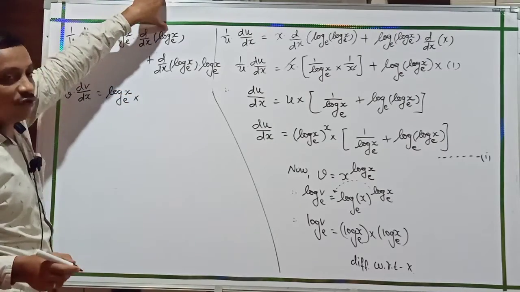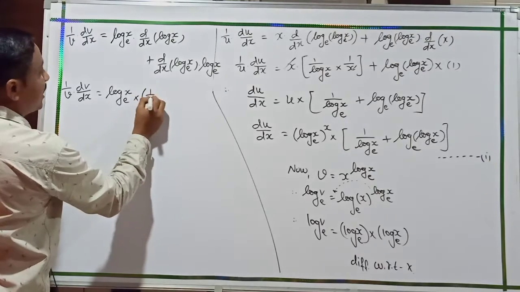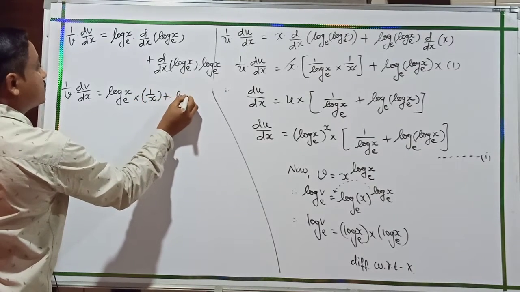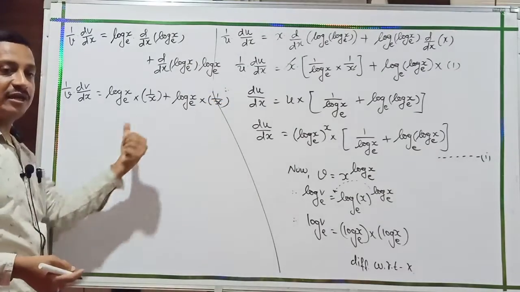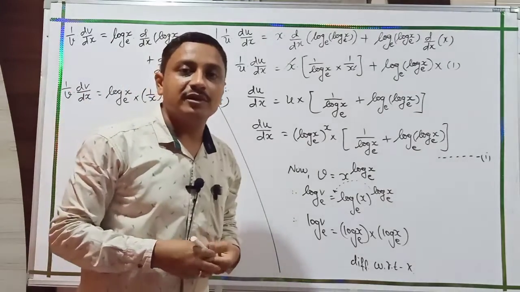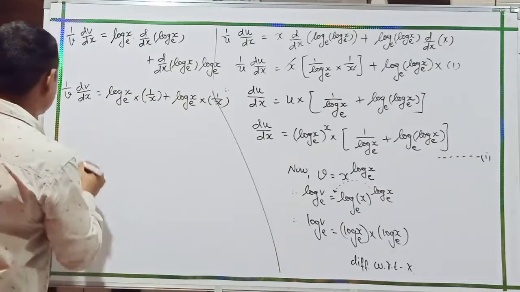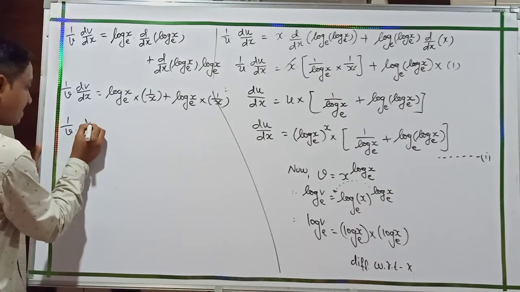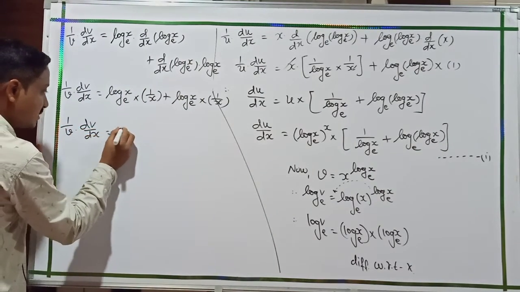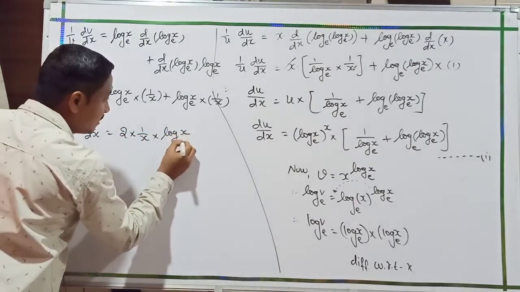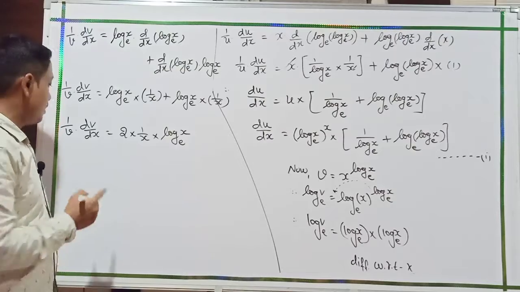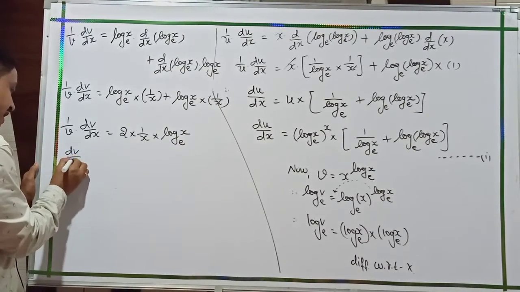Students, what is the derivative of log x? It is 1 by x. Same here, the derivative is 1 by x. Finally this one and this one, it gets 2 times. So 1 by v dv by dx equals 2 times 1 upon x into log x base e. Now this v you carry forward to the upper side.